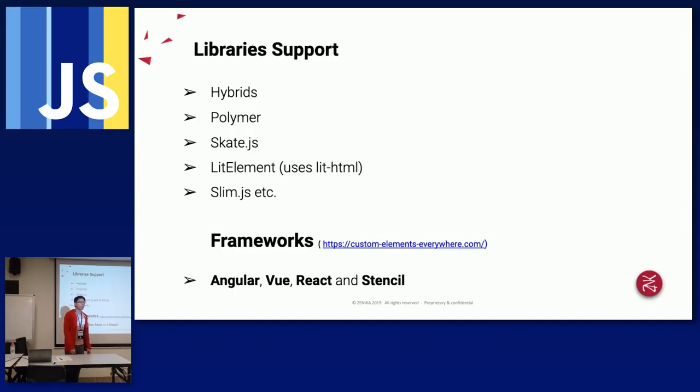We just witnessed how we can build web components using just vanilla JS without using any library or any framework. But for the second part of the workshop, we will be using lit element. There are already libraries and frameworks that help us to build web components, such as Hybrids, Polymer, Skate.js, Lit Element, Slim.js.